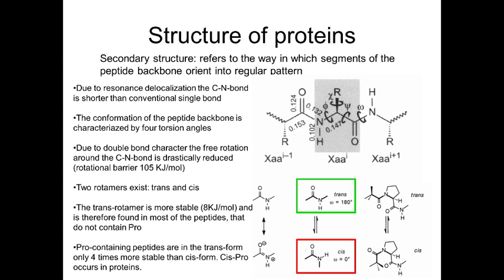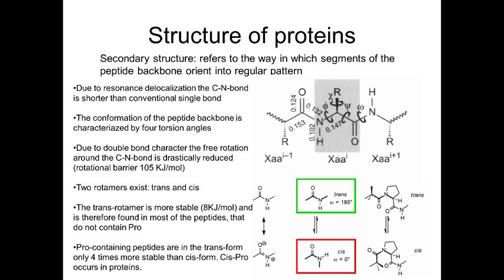So due to the resonance delocalization of the CN bond that you see down in the middle here, the CN bond is shorter than conventional single bonds. The conformation of the peptide backbone is characterized by the 4 torsion angles that you see in the scheme on the top right.